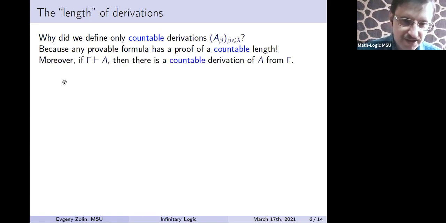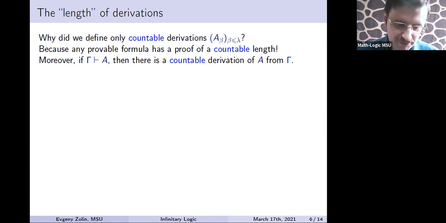And if A is provable from some gamma, then A has a countable derivation from gamma. So this line says about just derivations from our axioms, just provable formulas. So any tautology in our logic can be proved from these axioms in at most countable number of steps.